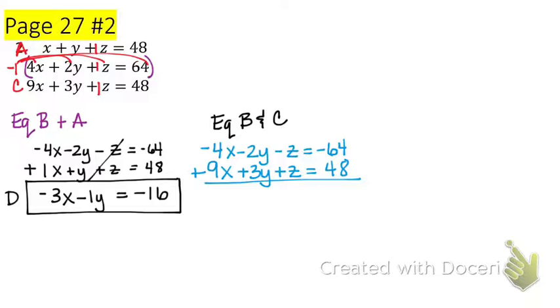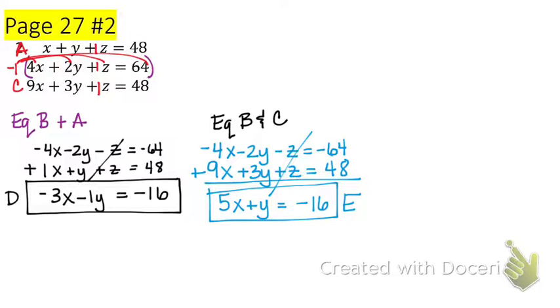So the first time I did equations A and B, and the second time I'm using equations B and C. So this one is actually really good because notice that equations D and E already have opposites.